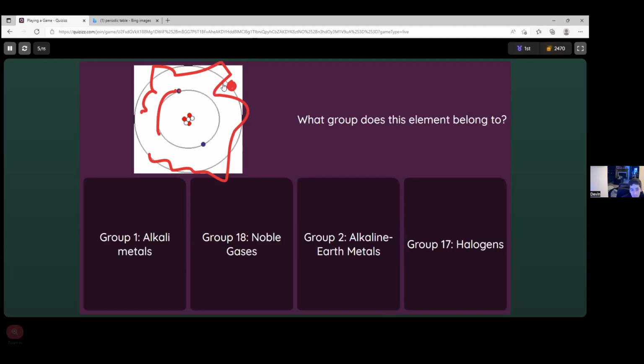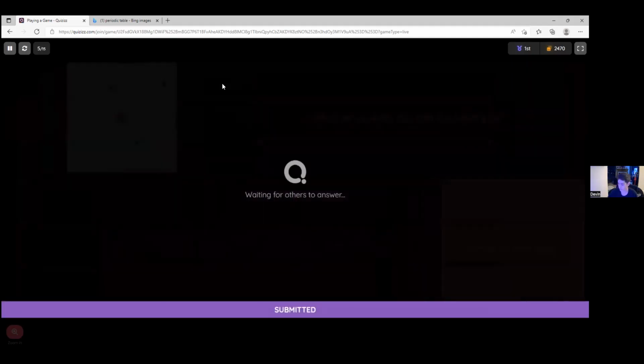Here, the outer shell is showing one electron, which suggests it's in group 1, alkali metals. If that outer shell didn't exist and you have 2 valence electrons, then it's group 2, your alkaline earth metals. Does that make sense? Yeah, that makes more sense. Okay, cool.